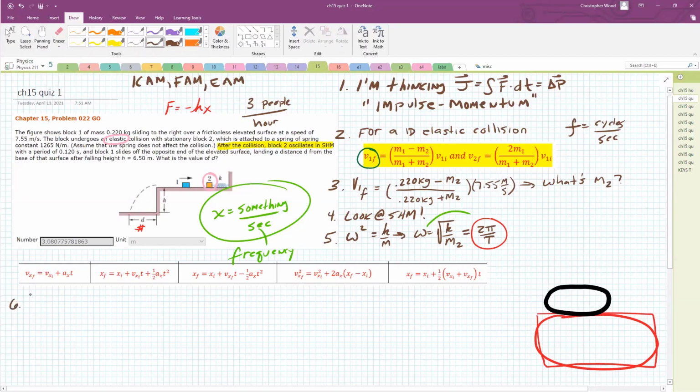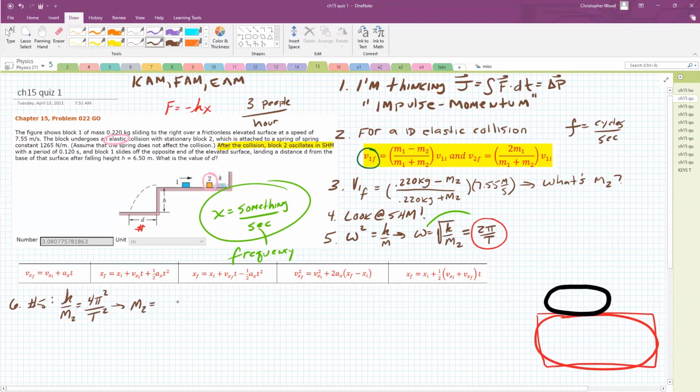All right, so number 6 is saying solve for M2. So if I square both sides, if I look at number 5, here's my new number 5. If I square both sides, I have K over M2 equals 4 pi squared over T squared. And I got to get M2 all by itself.